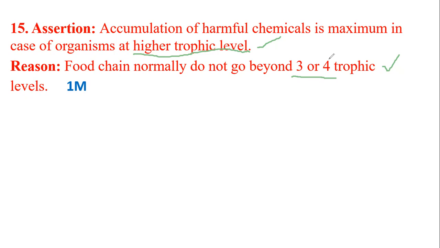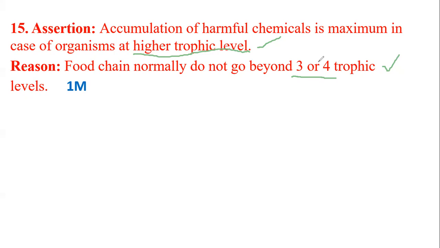Very minimal usable energy will be left, and if it goes to another type of organism, they can't survive with that minimal energy. That's why only 3 or 4 trophic levels will be in a food chain. Both statements are correct.